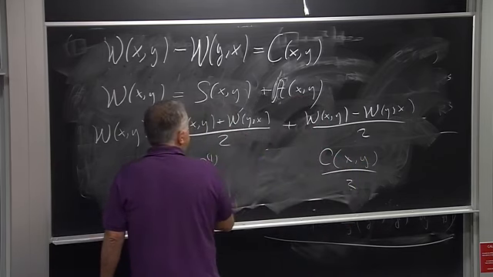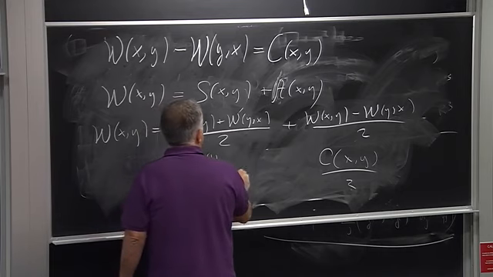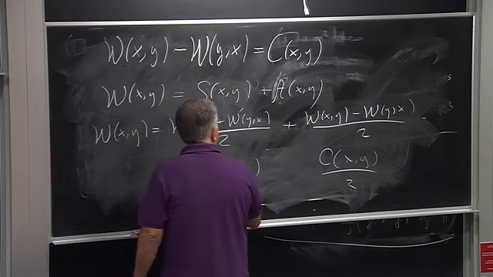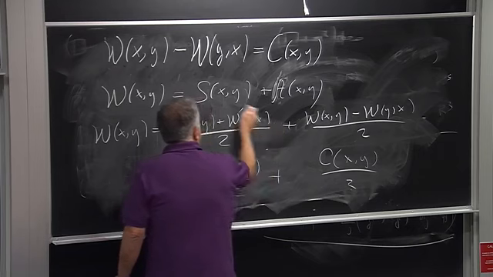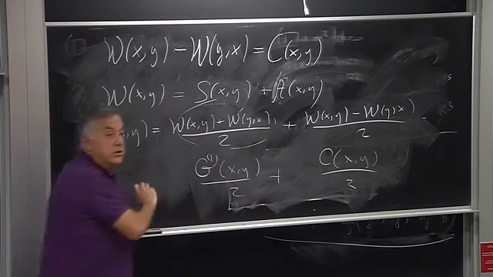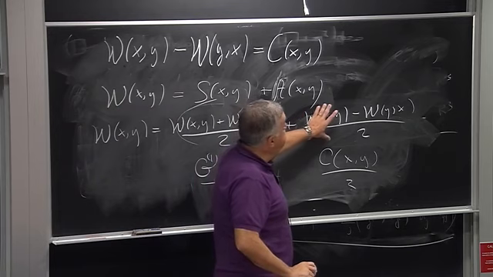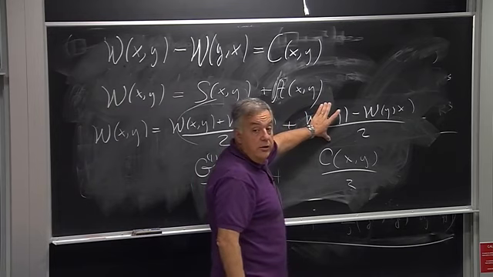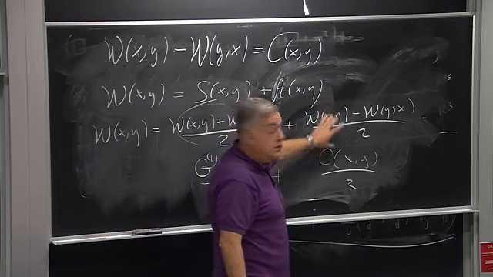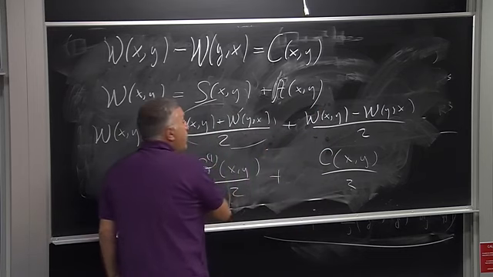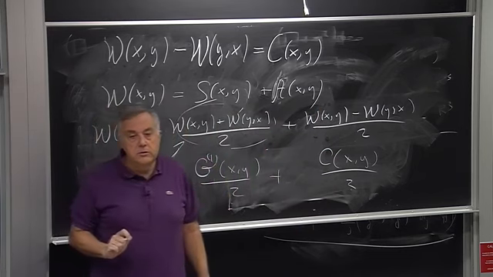Sometimes you find the symbol G1 in books. You see, this is a symmetric function. This is an anti-symmetric function. This is completely determined by the canonical commutation relations. This is totally arbitrary.